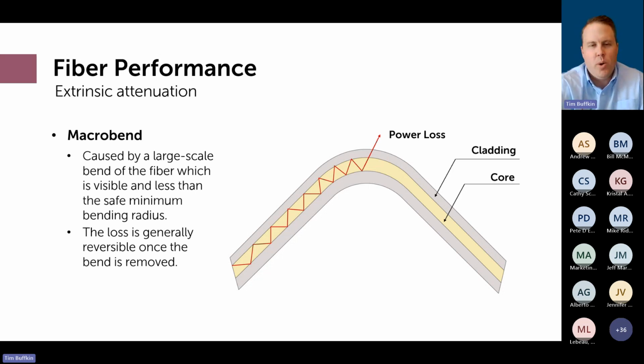He's trying to get home as quickly as possible, miscalculates the length of the fiber that he has, and it didn't line up in the tray. So he just shoves everything in the tray so he can get it closed up and go. That creates the bend. To fix it, all you have to do is go in there and reroute it, take that bend out, and then everything goes back to normal. It's going to operate just like it did before. So that's the most common form of extrinsic attenuation that you'll see.